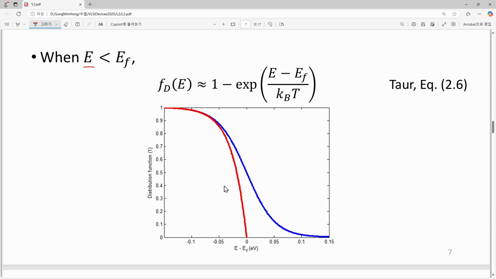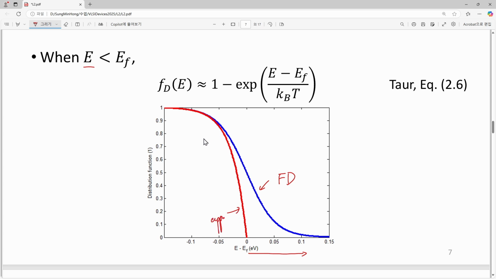So in this case, let's have a look at this one. Of course, if we go to positive E minus EF, this is awfully deviated from the Fermi-Dirac distribution. This is the correct one, and this is our approximation. So of course it fails.